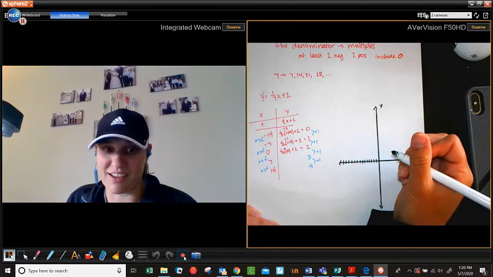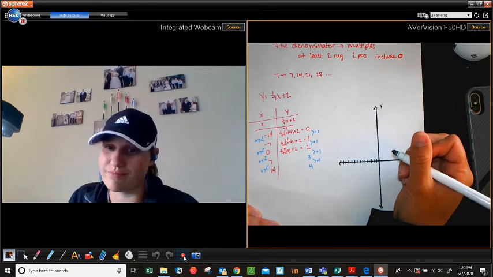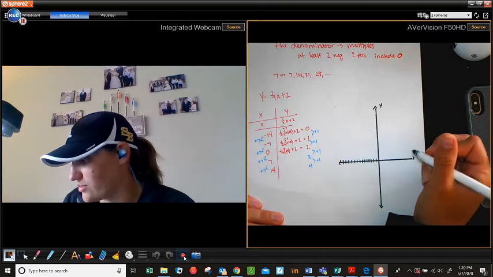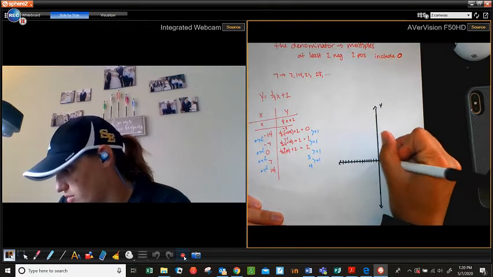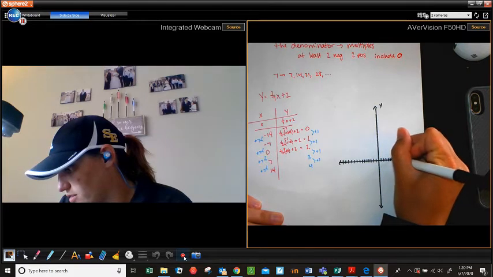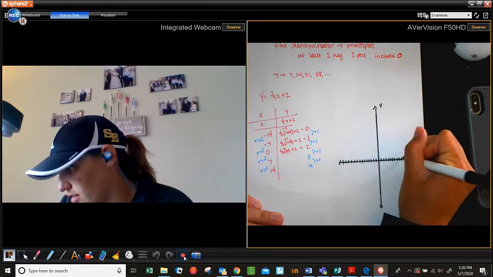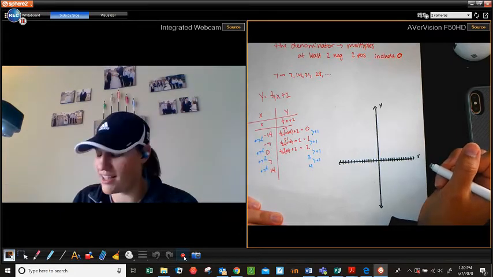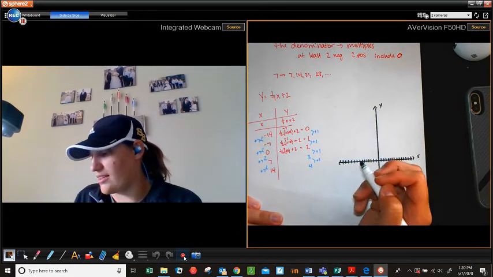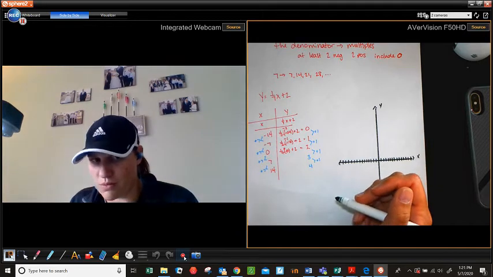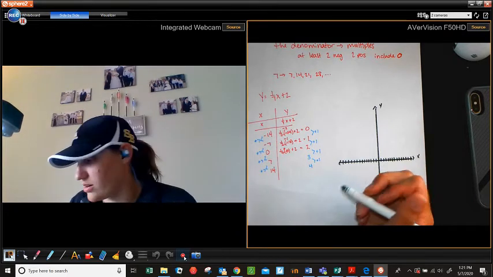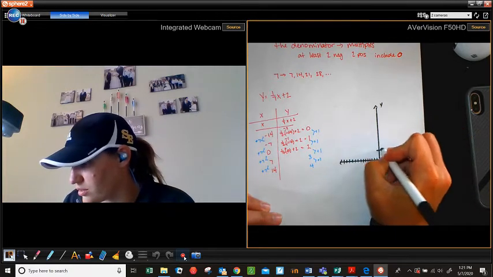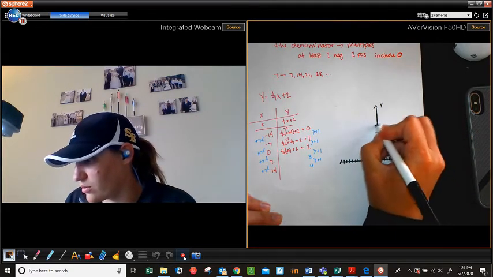That's pretty amazing. I didn't think I was going to fit 14 on there. Let's see if I can get 14 on the right. 1, 2, 3, 4, 5, 6, 7, 8, 9, 10, 11, 12, 13, 14. And then my y values, I only have to go up to 4, so I can spread those out more if I wanted to. 1, 2, 3, 4.